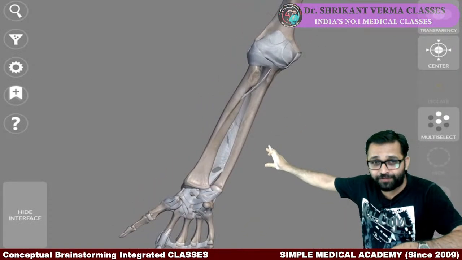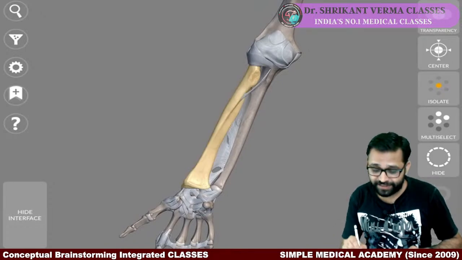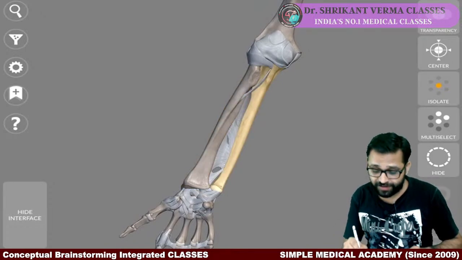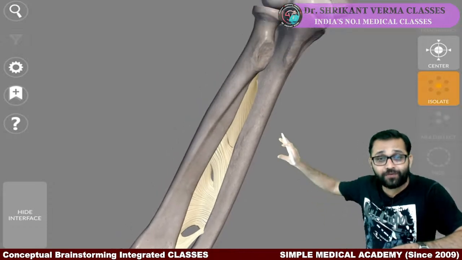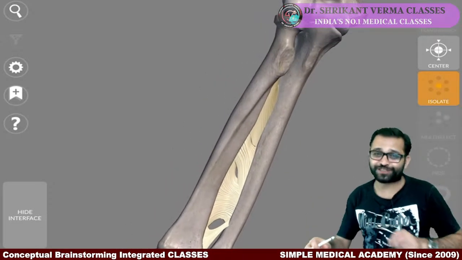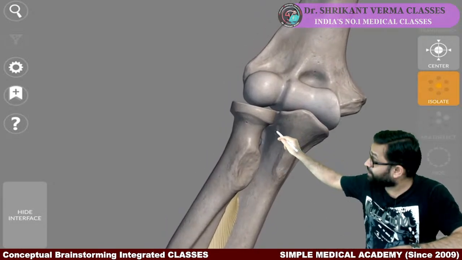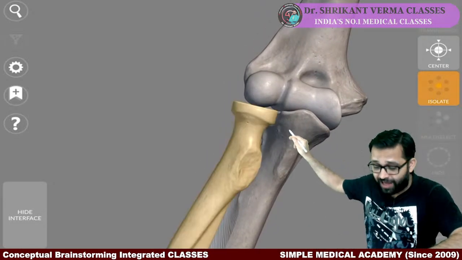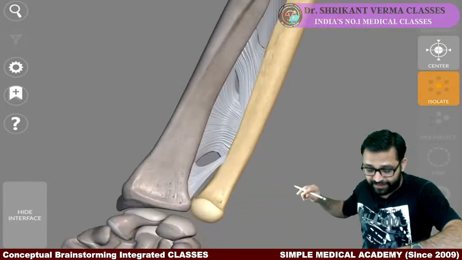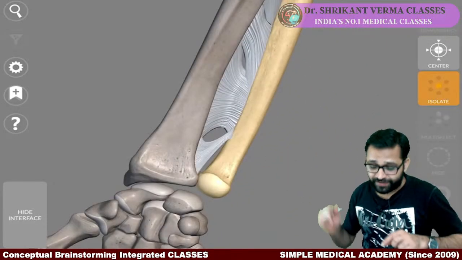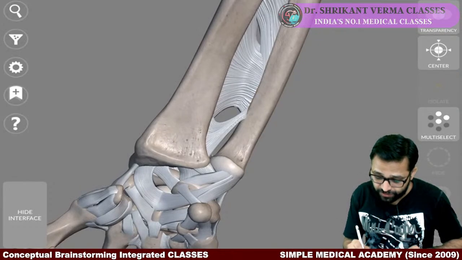This is our forearm, where this is the preaxial bone radius, this is our postaxial bone ulna. You can see this is our interosseous membrane, okay. Yes, here you can see the superior radio ulnar joint, and here you can see the inferior radio ulnar joint. Try to understand.